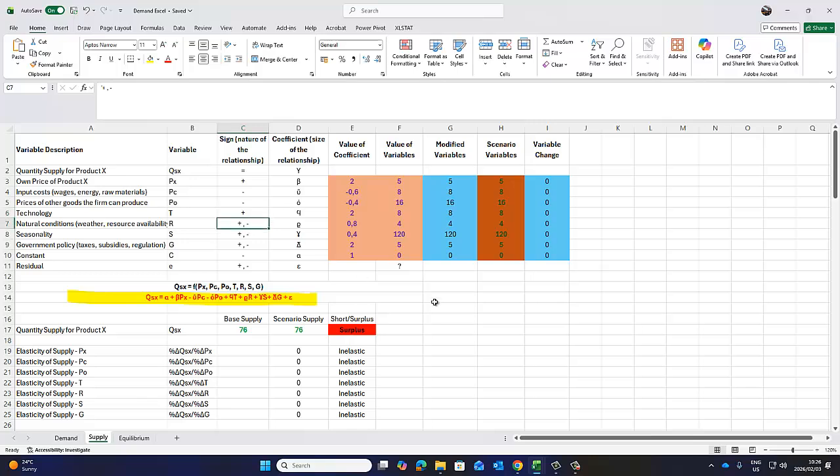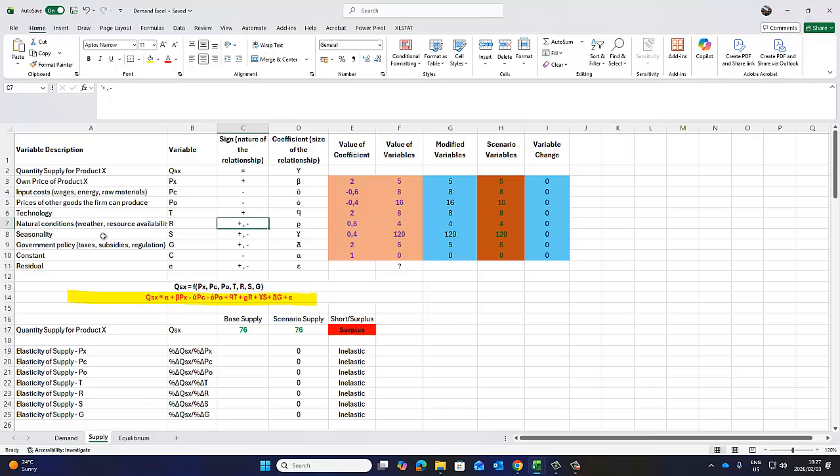Natural conditions could be plus or minus depending on your product and also depending how you define natural conditions. If you're a farmer and you like hot weather and you define natural conditions with temperature, then it's positive. If you're a farmer, you prefer cold weather and you define natural conditions with temperature, then it's inverse or negative.